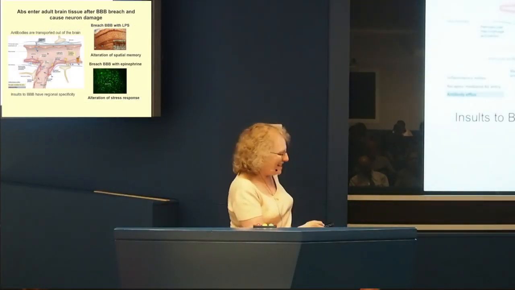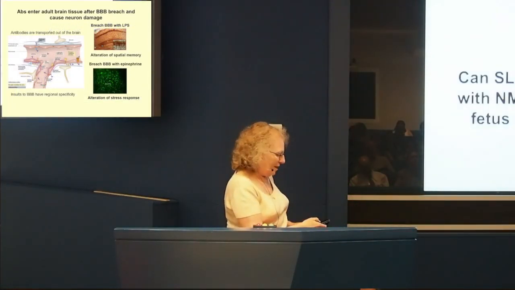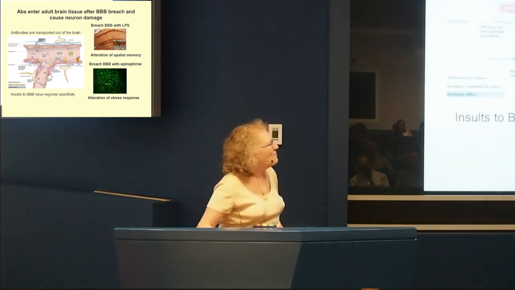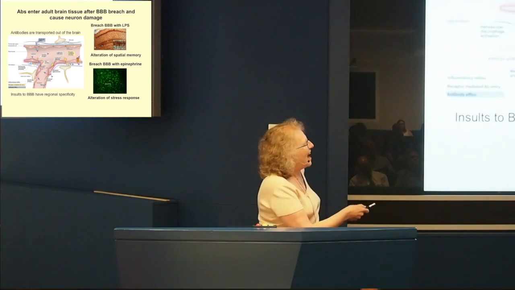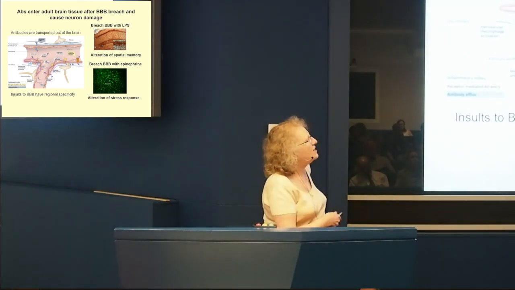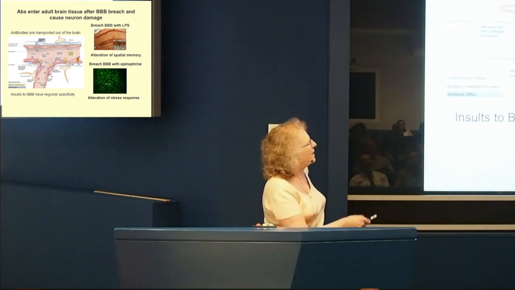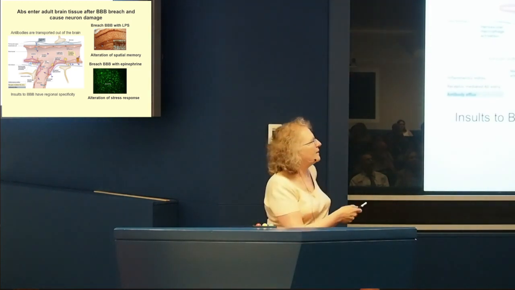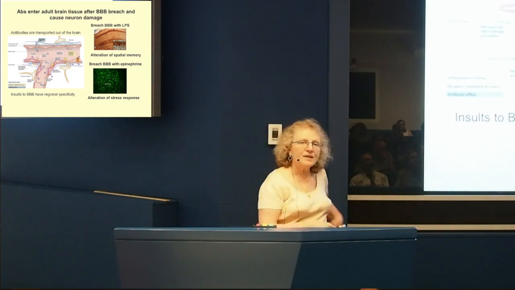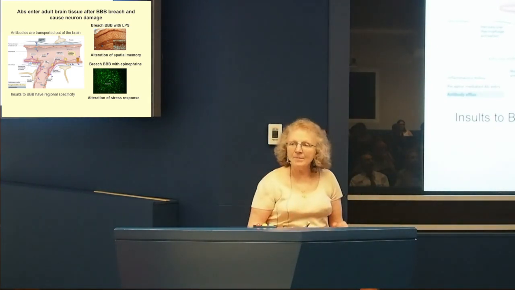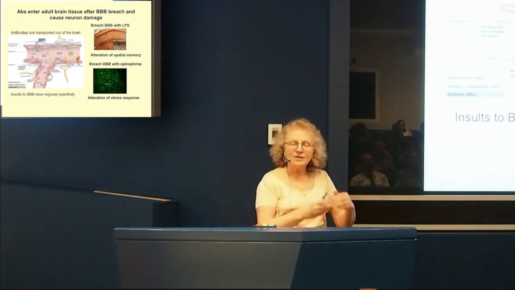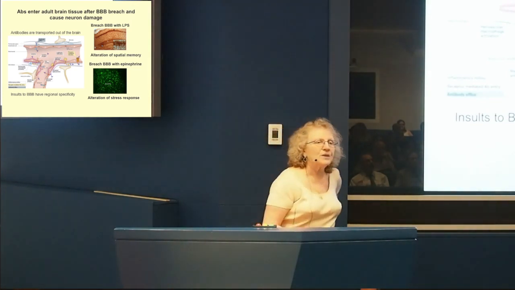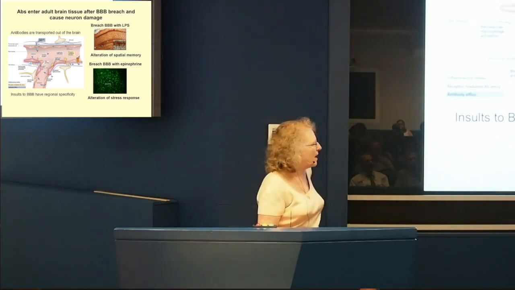And what you can see is, oh, goodness, I'm not very good at this yet. What you can see is that when these mice that were carrying high titers of the antibody were given lipopolysaccharide to mimic infection, antibodies entered the hippocampus, bound hippocampal neurons, caused hippocampal neuron death, and there was an alteration in spatial memory in these mice.